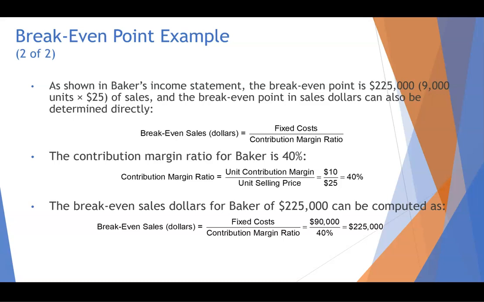This ratio, contribution margin of 10 divided by the unit selling price of 25, gives us a contribution margin ratio of 40%. So our fixed cost of $90,000 divided by that contribution margin ratio means we need to make sales of $225,000 just to break even.